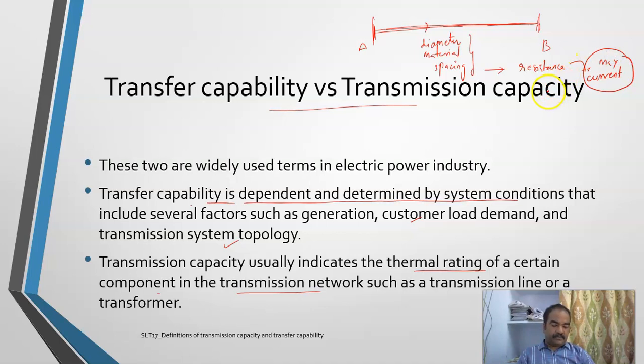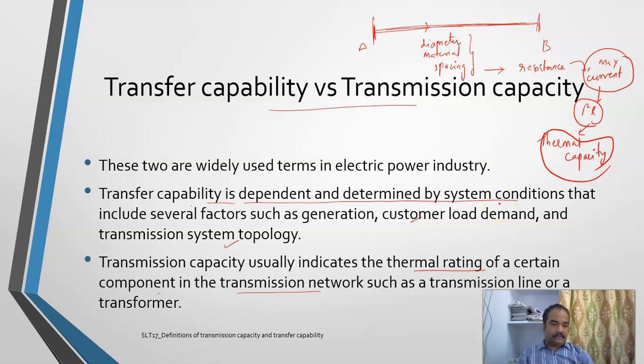When I know the maximum current which it can allow, because if I increase the current, there can be I square R losses, which may hinder the efficiency of the system. So this is generally called thermal capacity. Normally, all the transmission lines are governed by this thermal capacity.